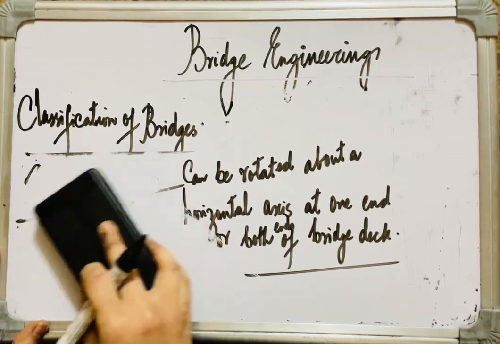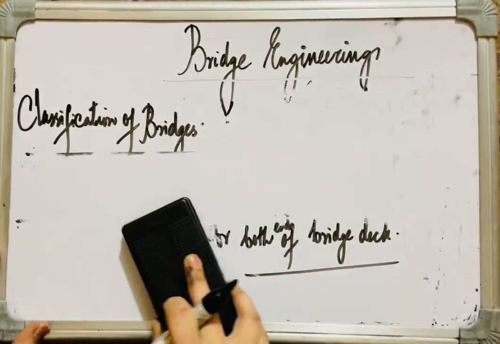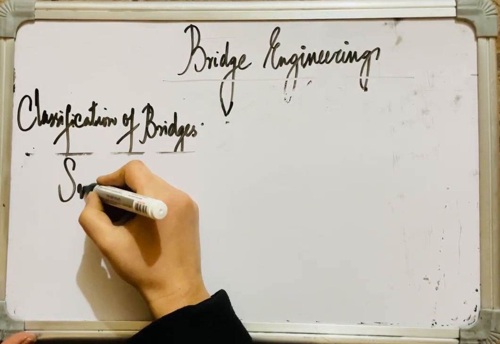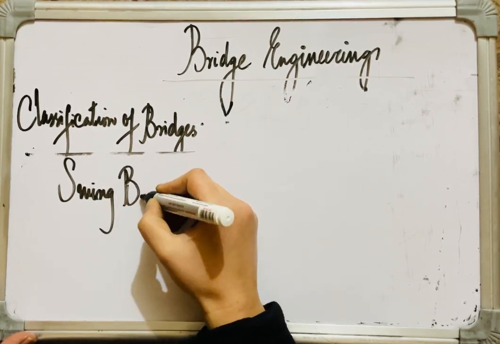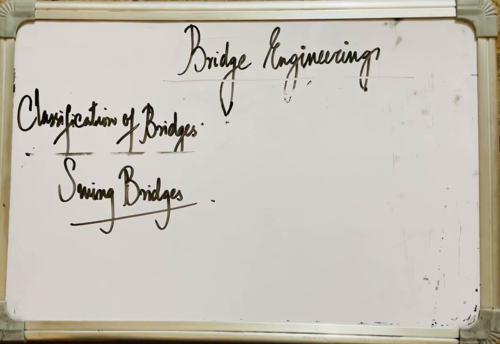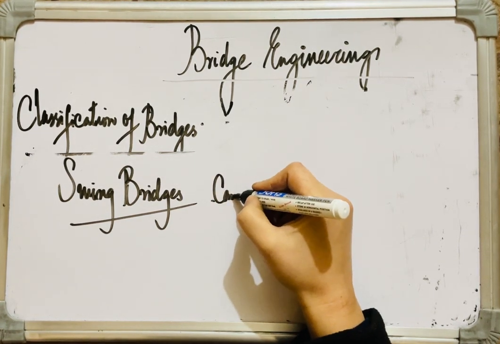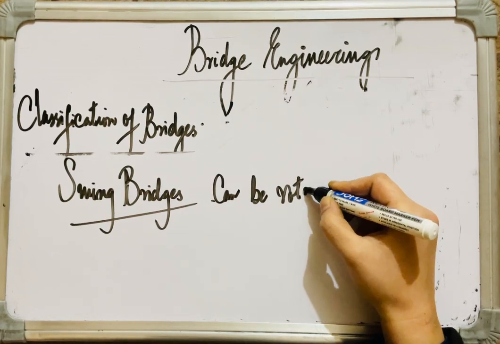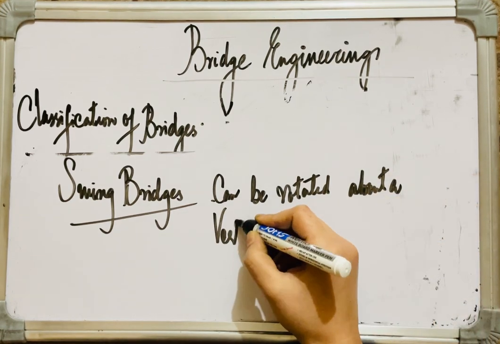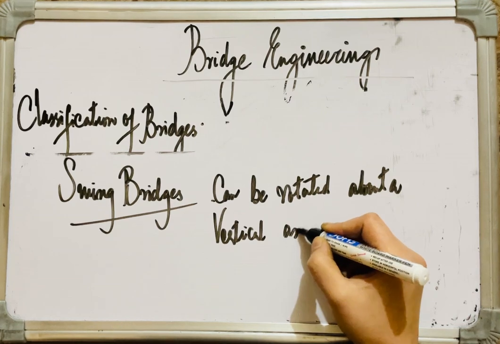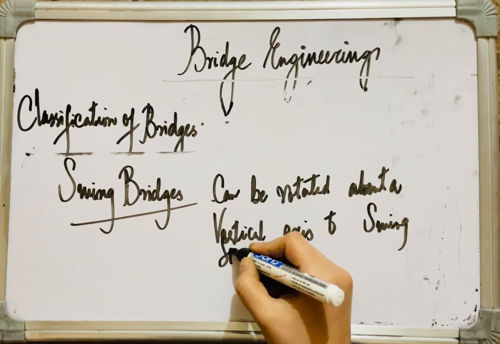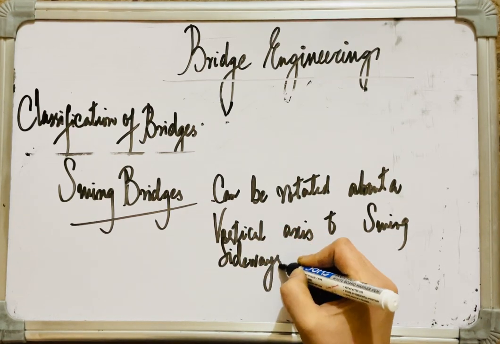swing bridges. It is that type of a bridge which can be rotated about a vertical axis to swing sideways for allowing the movement of traffic.